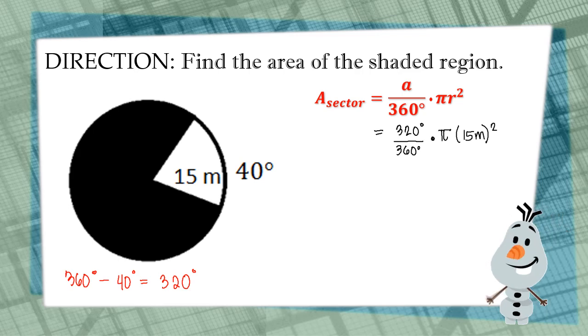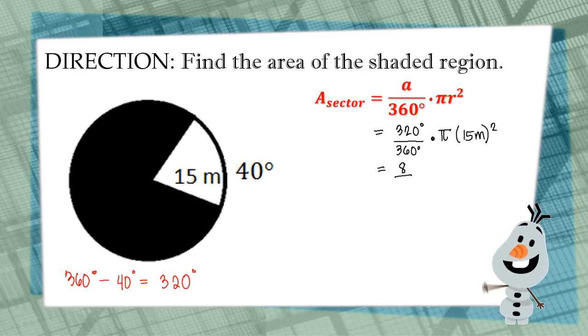Okay, now let us simplify first 320 and 360 degrees. So we all know that 320 degrees and 360 degrees are both divisible by 40. And now 320 divided by 40, we can have 8.